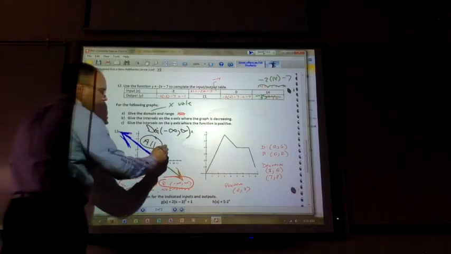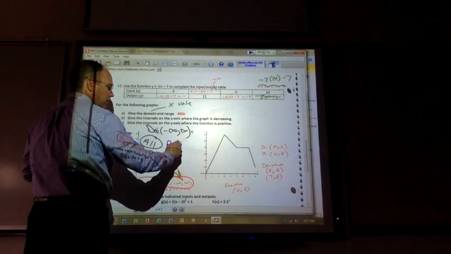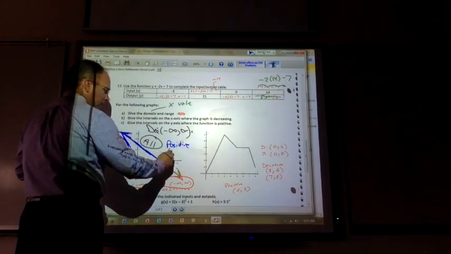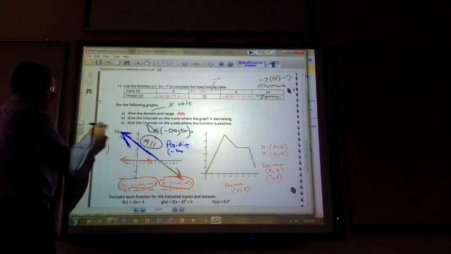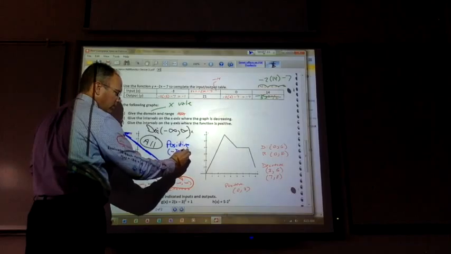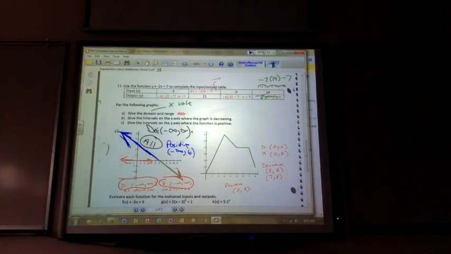Okay? So, it is positive from negative infinity, way this way, all the way up to, that's the 6. It's above the x-axis.